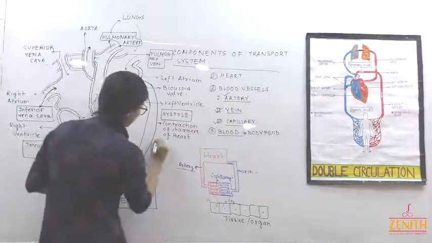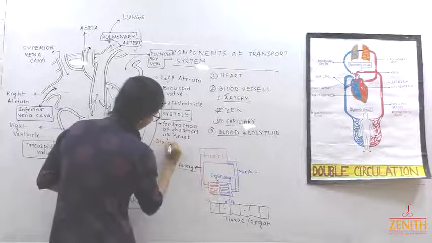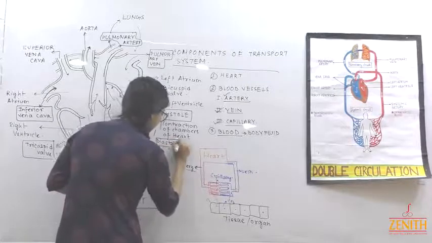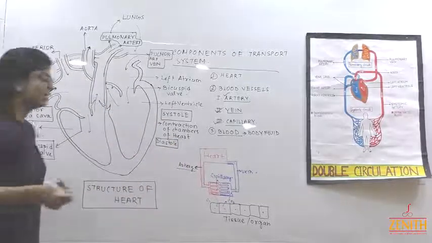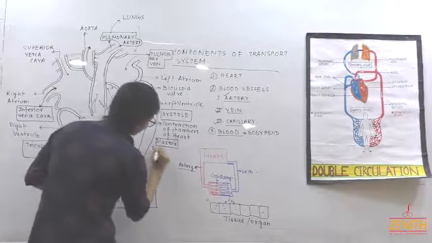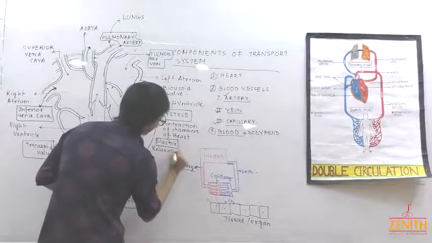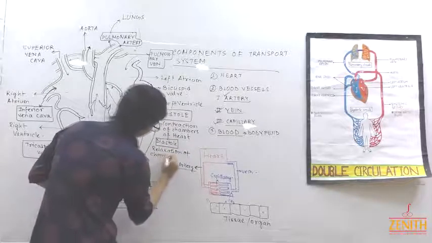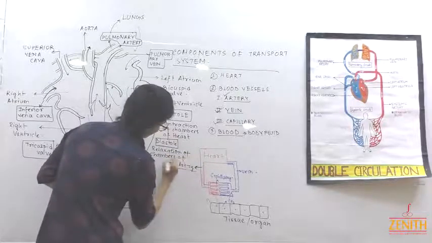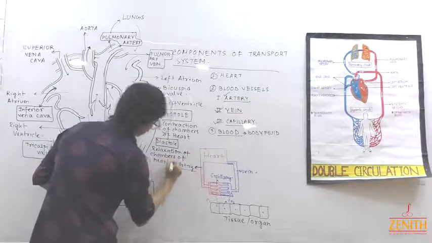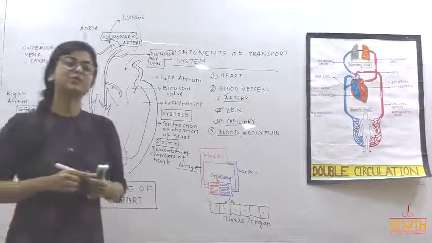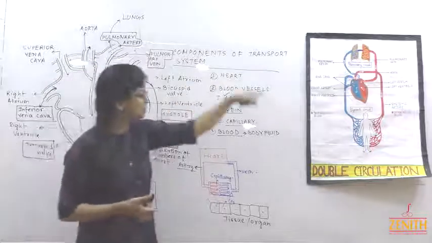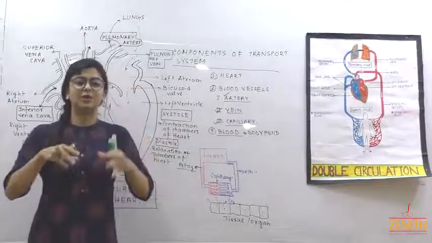And another thing is called diastole. So diastole is called relaxation or expansion of the chambers of the heart. These two are very important when we look at how the blood movements occur.